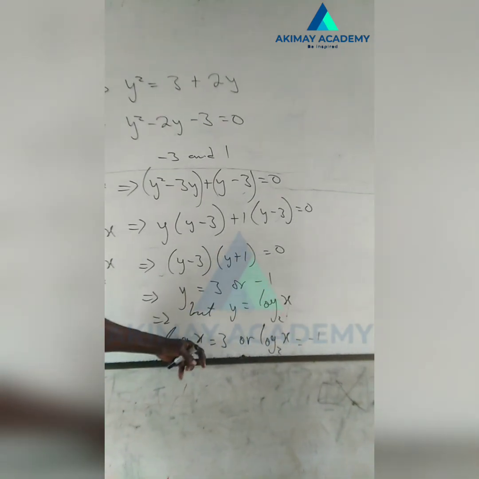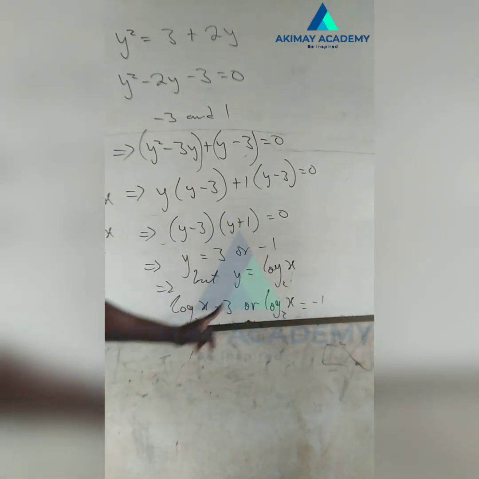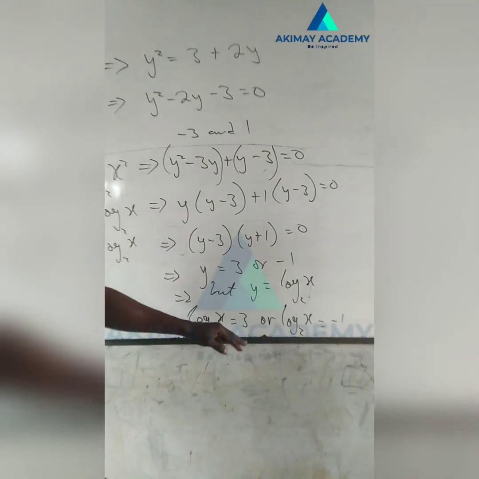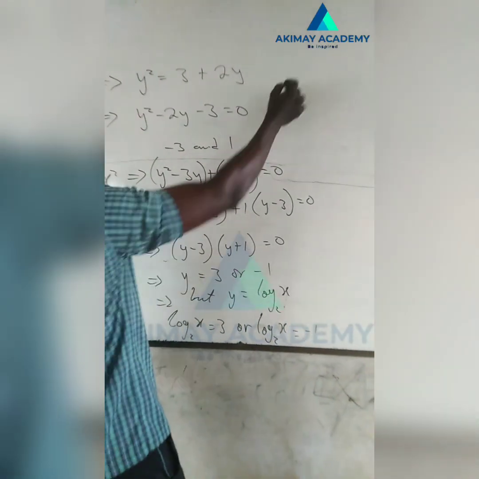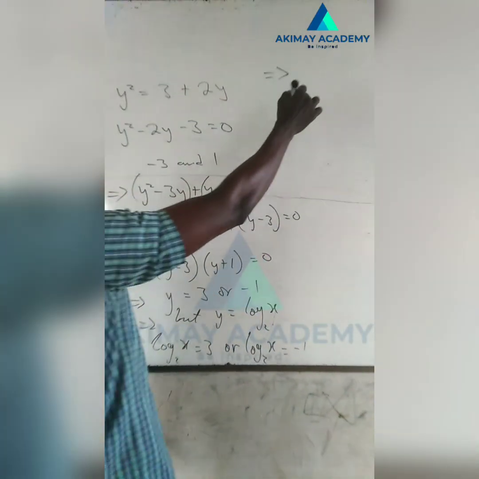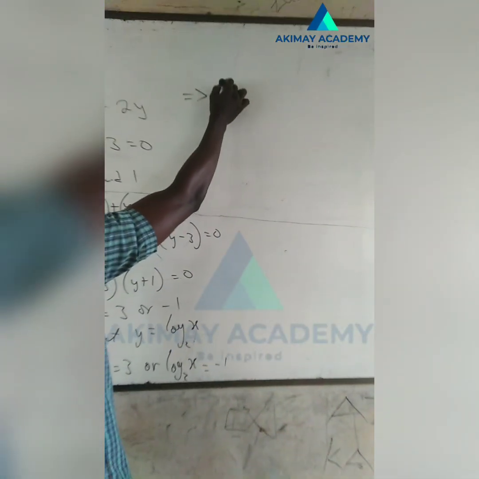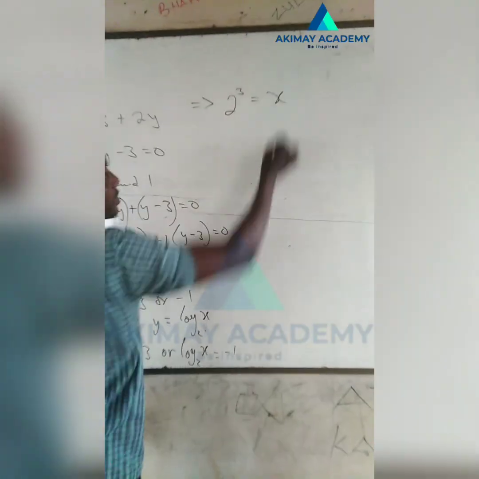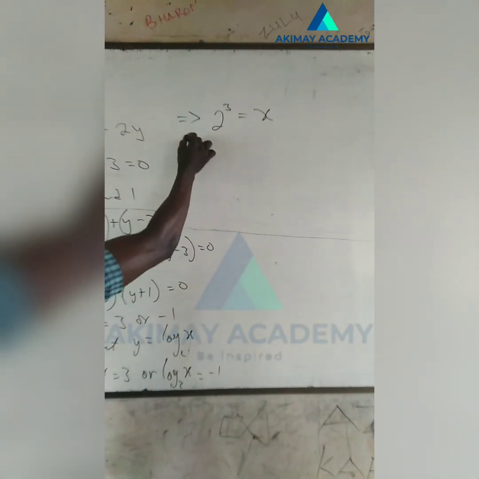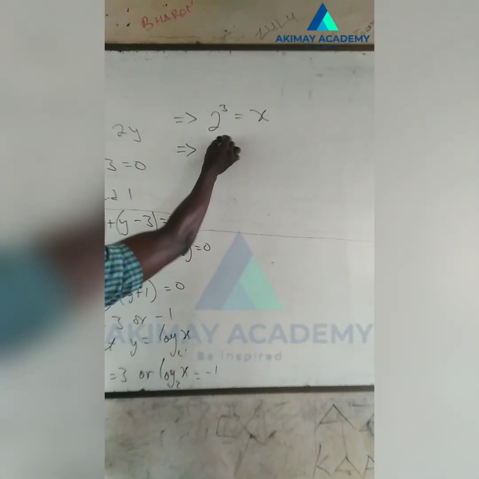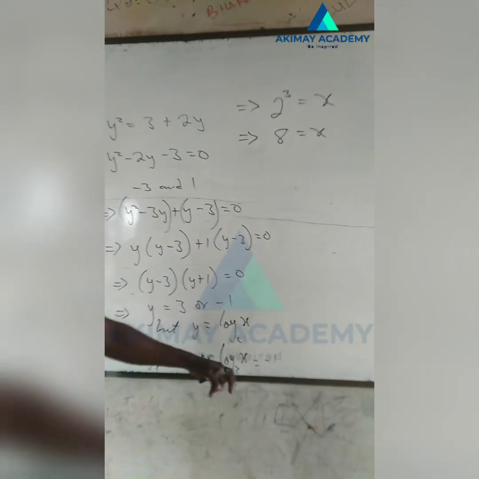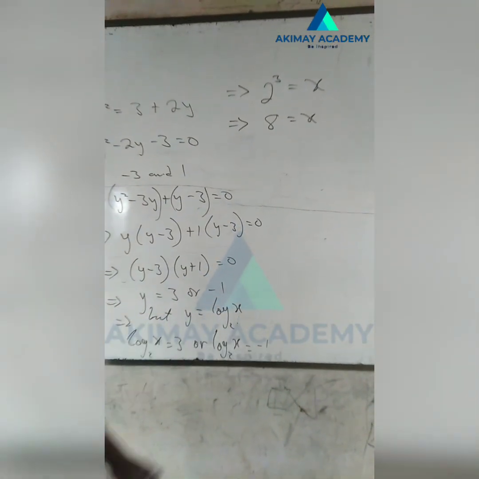So to simplify this, we can convert them to indices, right? Log x to the base 2 equals 3, you convert it to indices, and what are we going to get? The base is 2, our exponent is 3, and our value which is x. And this is going to give us 8 equals x for the first part. Then the second part, we can convert it to indices, right?